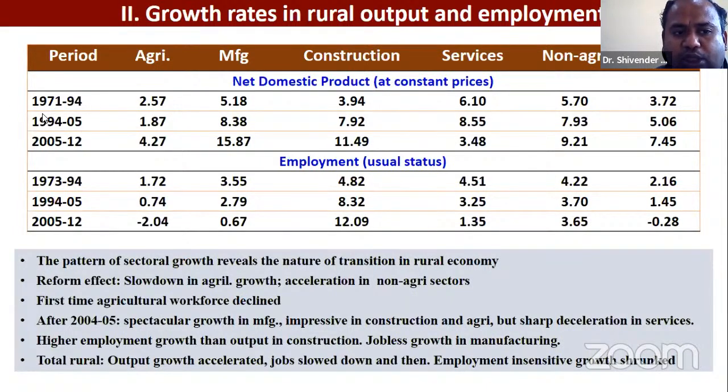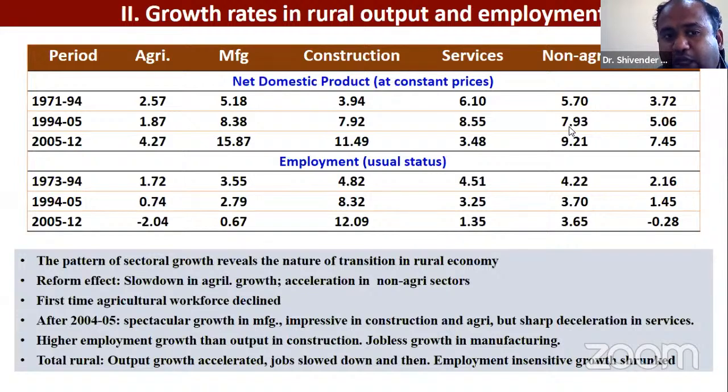Between 1970-71 to 1993-94, agriculture grew at an annual rate of about 2.5%. But in the post-liberalization period, after 1991 to 2004-5, the growth rate in agriculture actually decelerated. It increased only 1.8%. But non-agriculture growth rate increased by 7% or 8%.